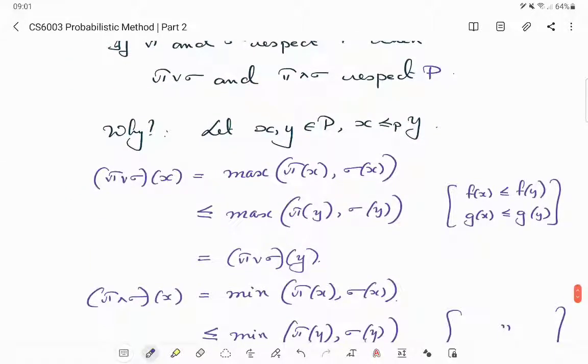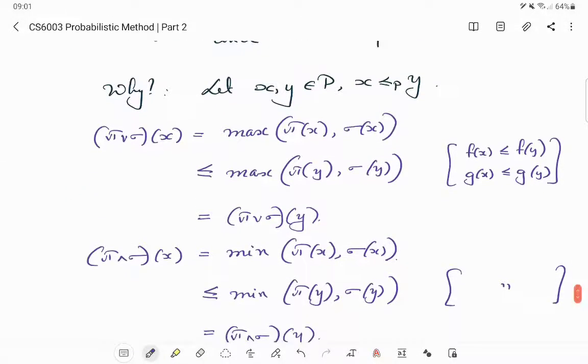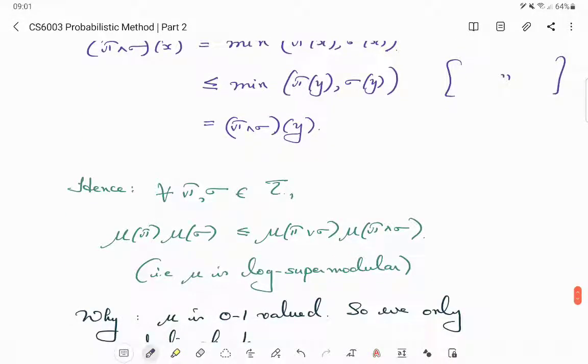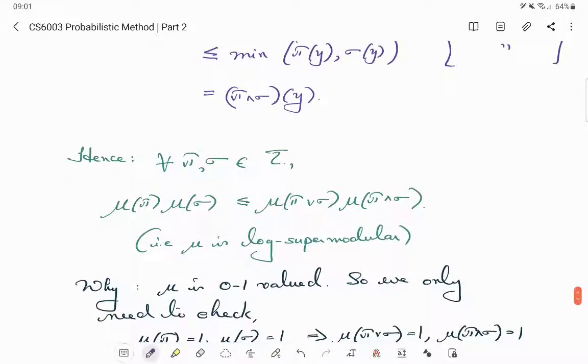But we will follow this approach because I don't want to deviate too much from the textbook, and I want you to go back to the textbook and verify that what we are doing here matches what is written there. But with this property we have ensured that mu satisfies log supermodularity.